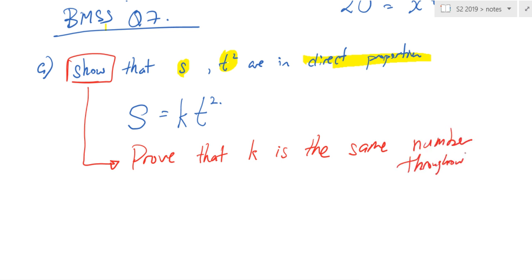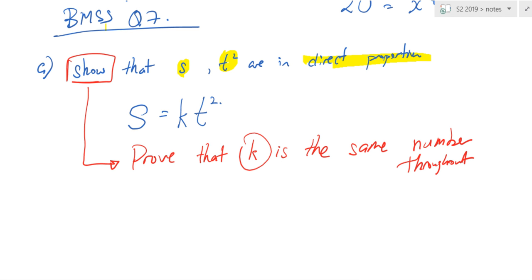Since I want to look for K, the next natural step is to make sure K is alone and the T square is out of the way. So what should we do with T square? Divide.